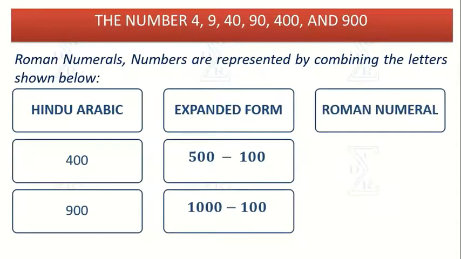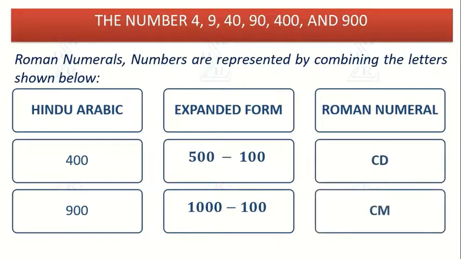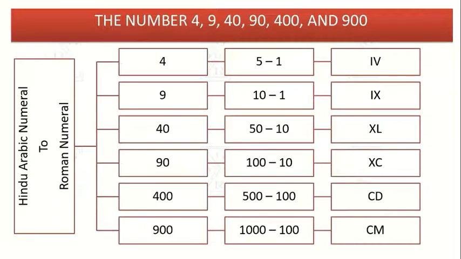The expanded form of Hindu-Arabic numerals is 400 as 500 minus 100, 900 as 1000 minus 100. So we can write 400 as CD and 900 as CM. Note: while subtracting a number from another number, we use either 1, 10, or 100 from other numbers only, and you cannot subtract more than one number from another number.